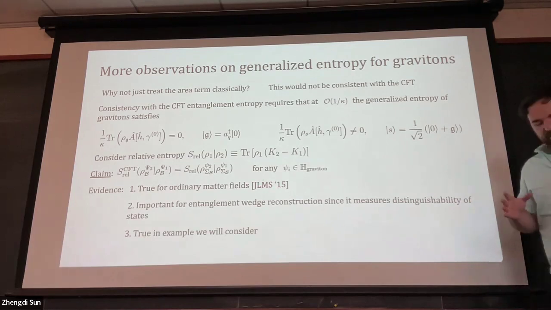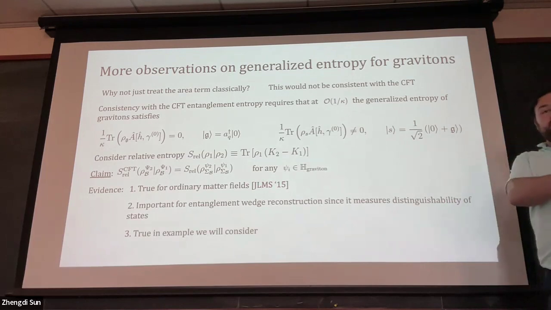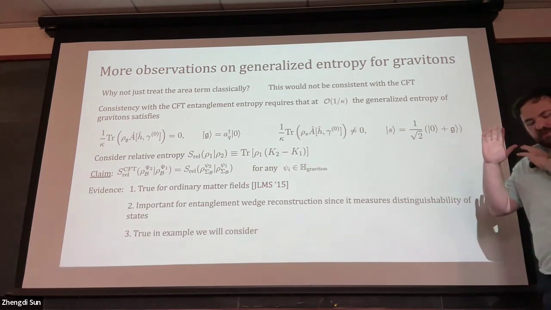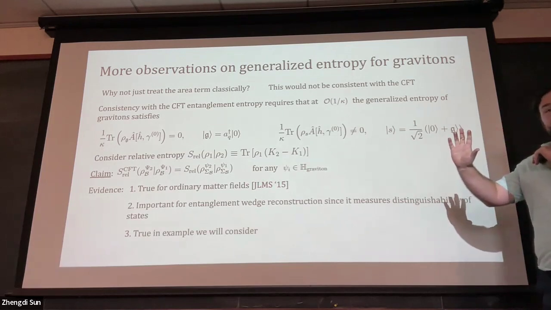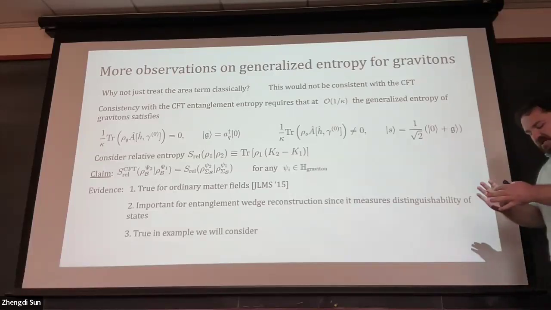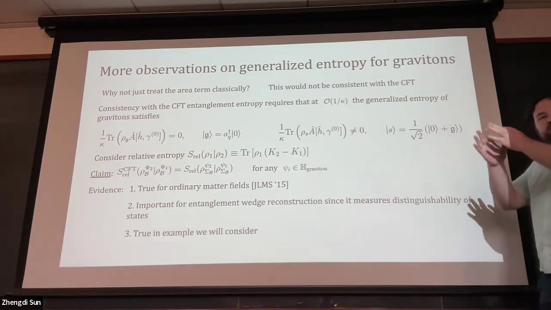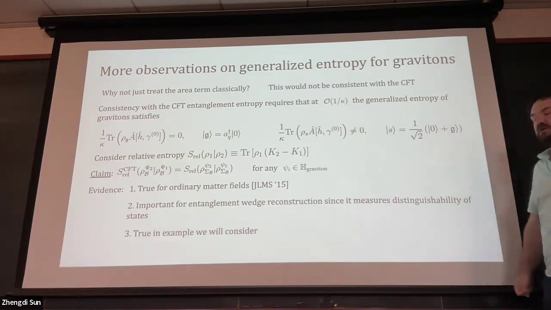It's also an important property for the duality between boundary subregions and bulk subregions. There's something called entanglement wedge reconstruction, where a boundary domain of dependence for a subregion is dual to a bulk domain of dependence bounded by the classical extremal surface, gamma 0. For that duality to hold, you need distinguishability of boundary states in that subregion to be the same as distinguishability of bulk states in that subregion.